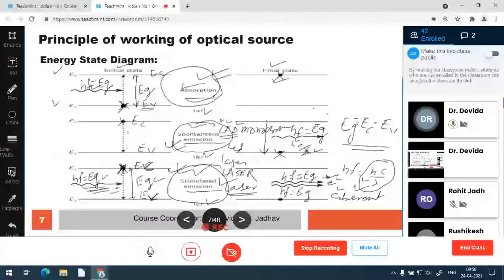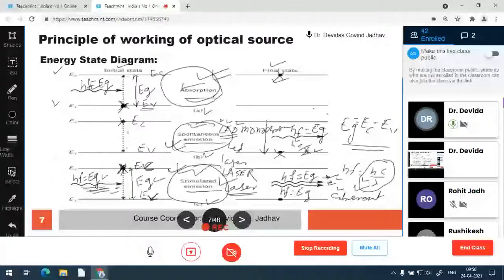The band gap energy does not change for this material, so all the photons have the same energy value. Same energy photons are the same color, same wavelength photons, so they are monochromatic. So spontaneous emission is monochromatic, but the emission is random, so it is incoherent, not in phase. This is observed in LED.